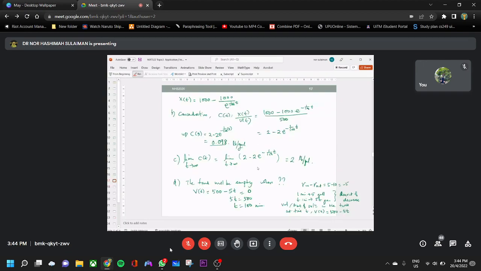100 minit. Okay. So nota dia kat sini, note the tank will be empty when T equals to 100.